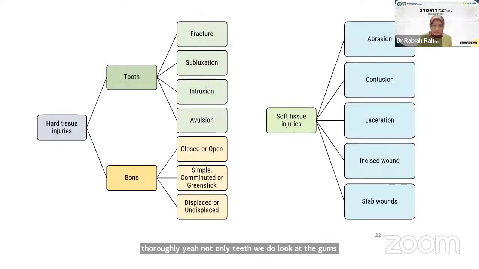Then we have to determine the injuries. Is it hard tissue injuries or soft tissue injuries? When we want to use these terms, we have to make sure that it is the correct term. We have to know what is abrasion, what's the difference with contusion, laceration, incised wound, and stab wounds.